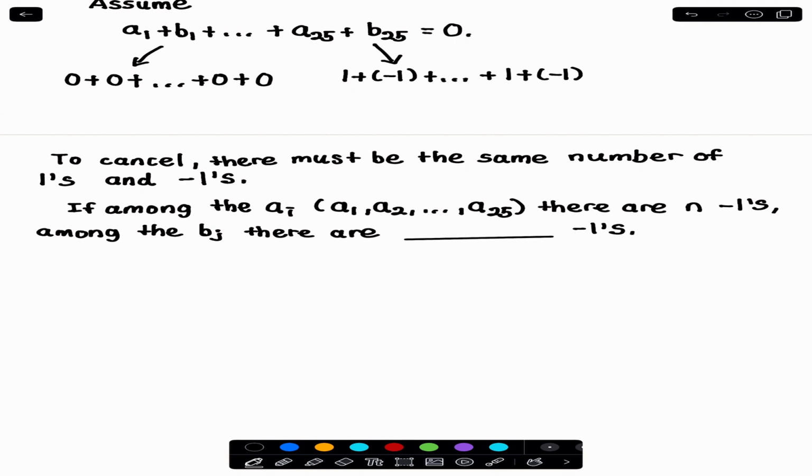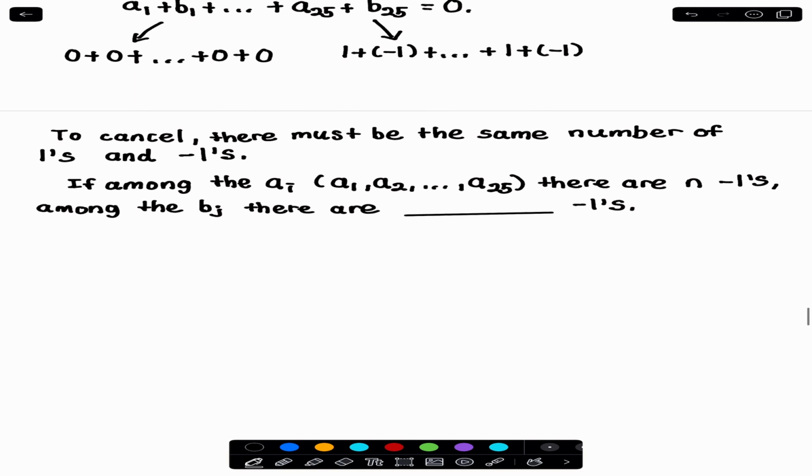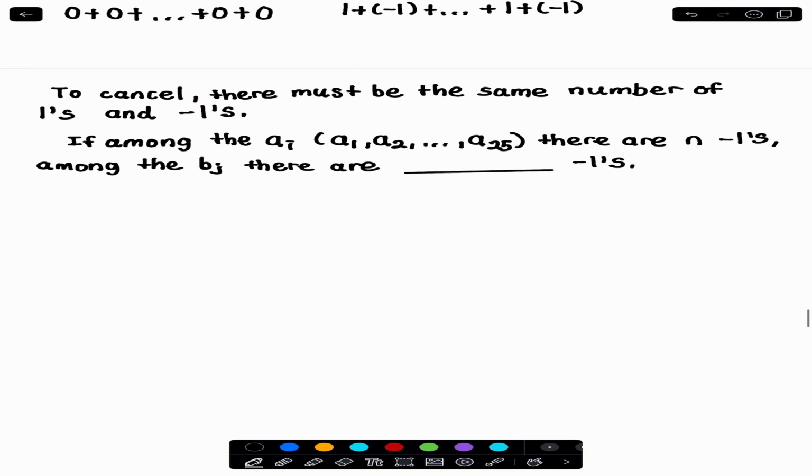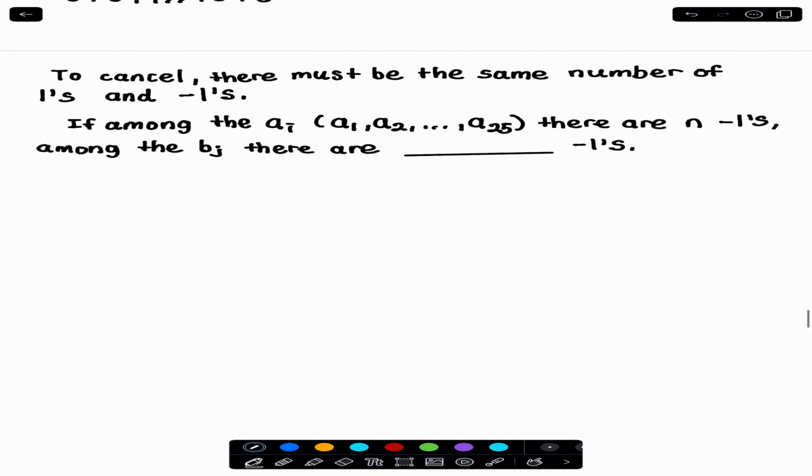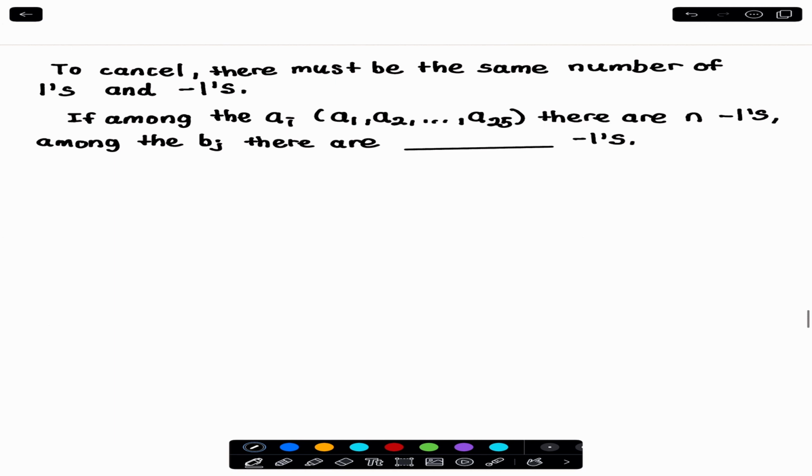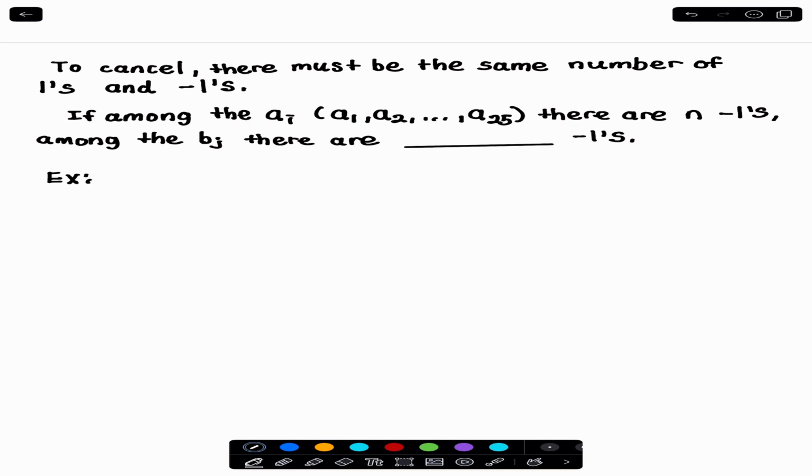I'm just going to leave it as a blank. I'm going to do some little work off to the side, because this n might be making things a little confusing right now, and whenever letters are too confusing for you to follow along, just play around with some numbers. So let's do a little example.